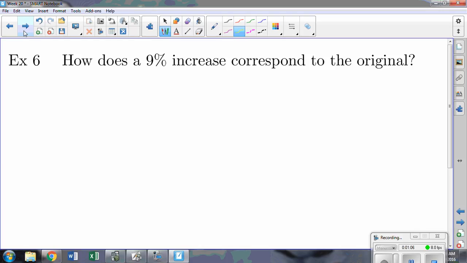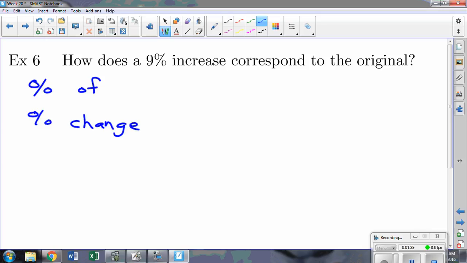So first of all, how does a 9% increase correspond to the original? Well, of course, it's 9% more. How would you write that out with a mathematical expression? Perhaps the most important distinction you need to make when working with percents: there is a huge difference between percent of and percent change.